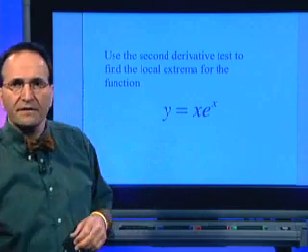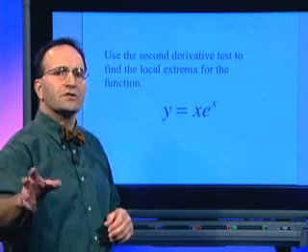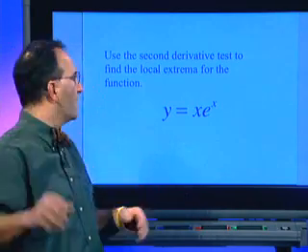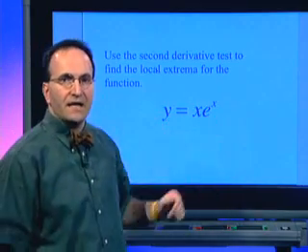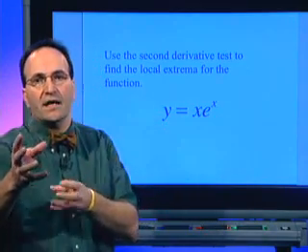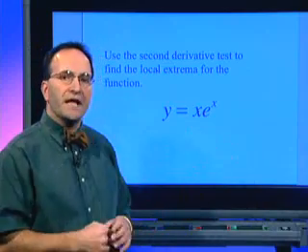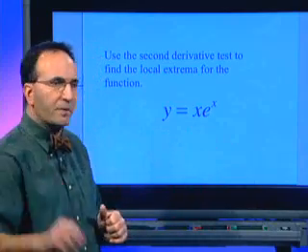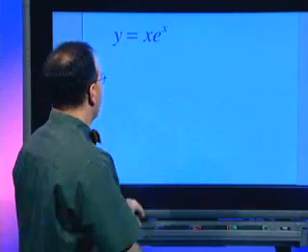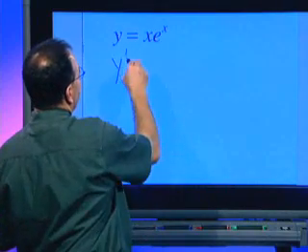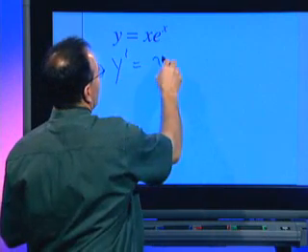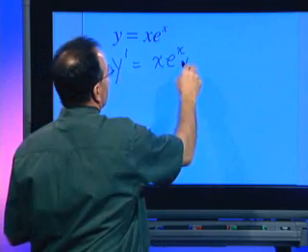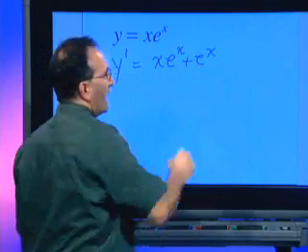Use the second derivative test to find the local extrema for the following function, y equals x e to the x. And I picked this because in terms of doing the derivatives, we already know the answers, so we can go a little bit quicker with this. We know that the first derivative was x e to the x plus e to the x.